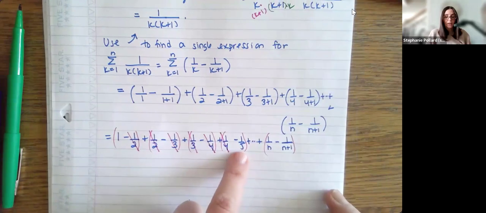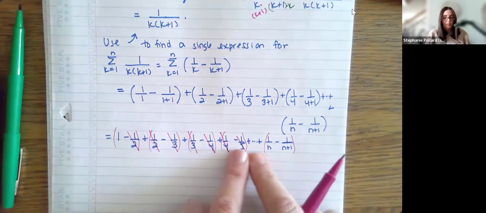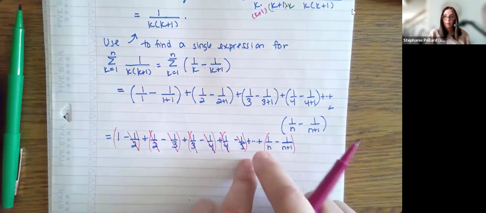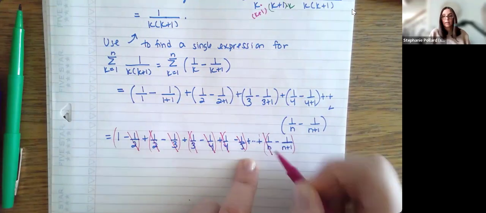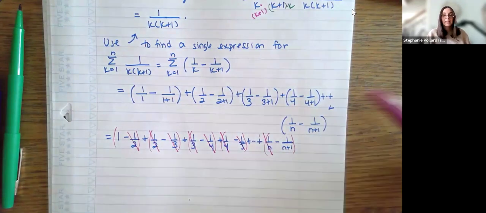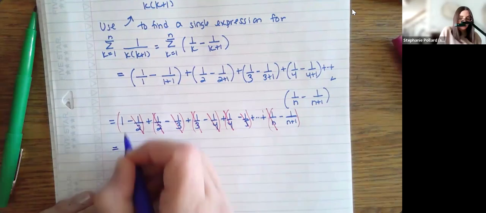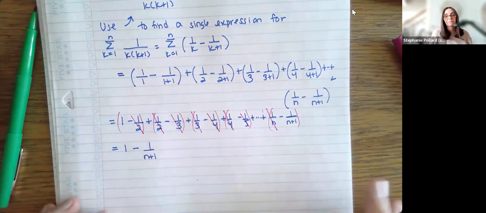This negative 1/5, although I didn't write it here, is going to cancel with the positive 1/5 that comes next. It's going to go all the way down, so this one will always cancel with the one before it. The 1 over n cancels here with the 1 over n here. So what ends up happening is that all of this becomes just 1 minus 1 over n plus 1.